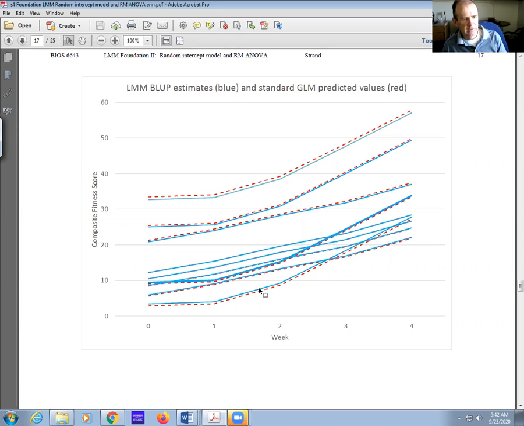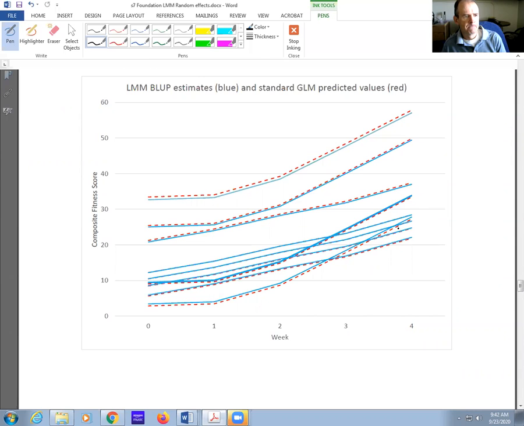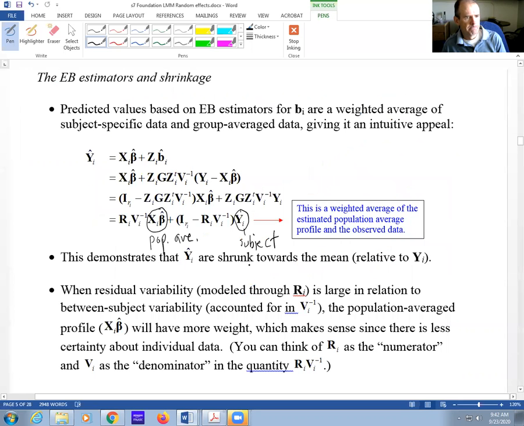And you can see that if the overall average is here in the middle, those are pulled in towards that overall average more compared to the red dashed line. So you can see that principle happening, that those predicted values are being pulled back towards the middle, but really not that much, just a little bit. Okay. Any questions so far?